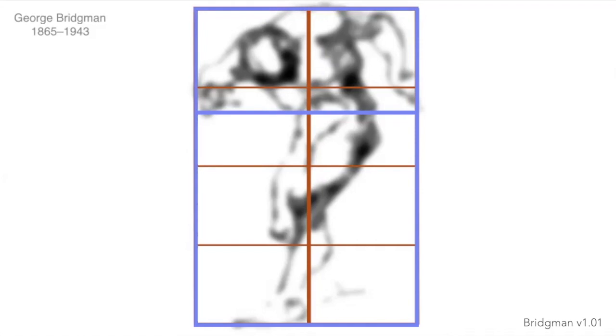A rectangle of 1 to 1.5. There are other ways to quantify it. It's about 2 by 3. 2 across, horizontally, 3 vertically. Conveniently, it happened to fit those proportions. It may be fractions of that.